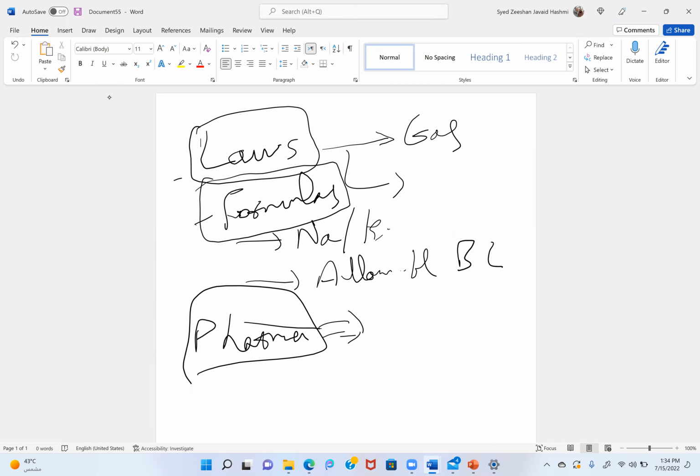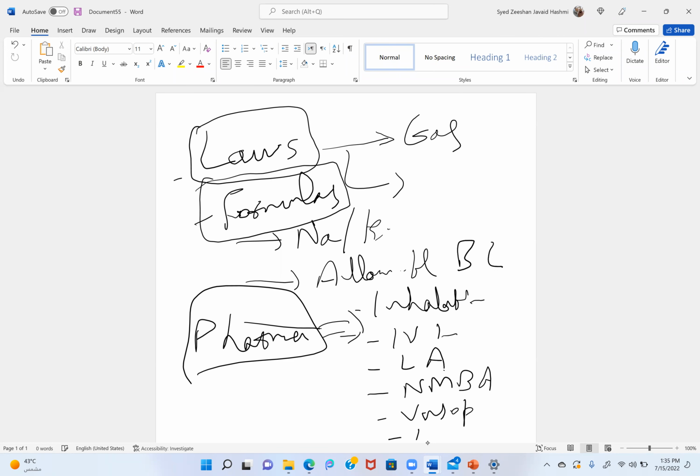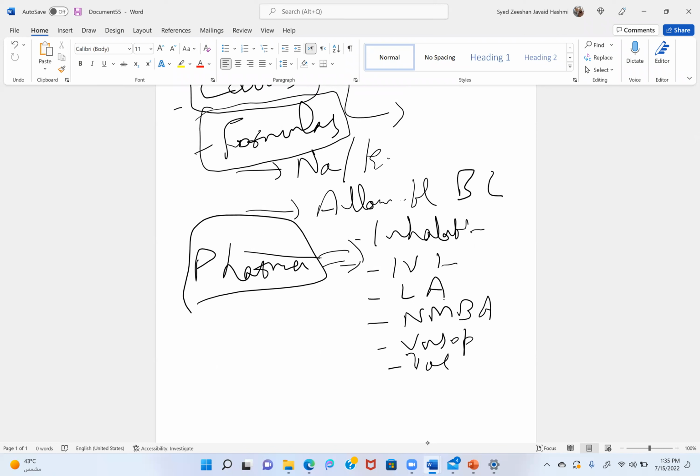There will be medications related to the main part of anesthesia: inhalational agents, IV induction agents, local anesthetics, neuromuscular blocking agents, vasopressors, vasodilators, inotropes, then antihypertensive agents, anti-anginal, anti-heart failure.